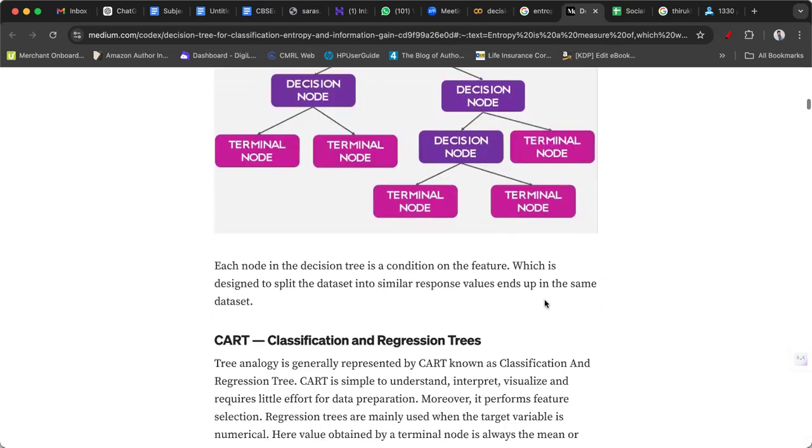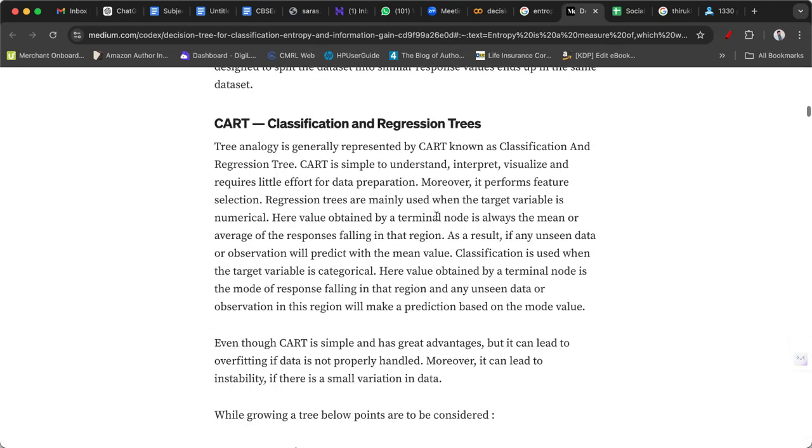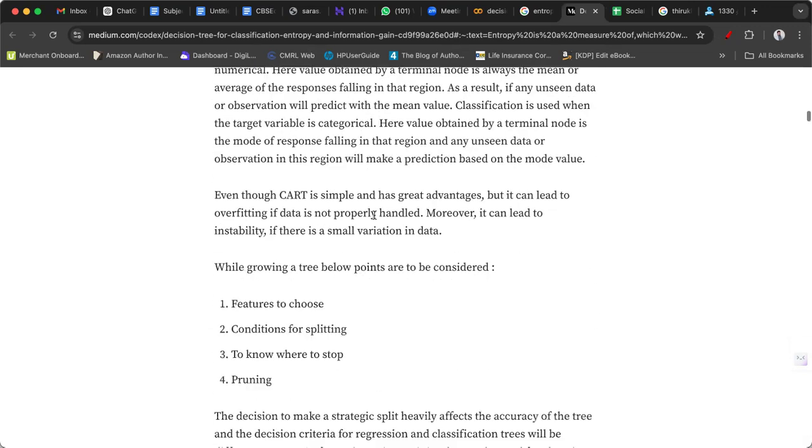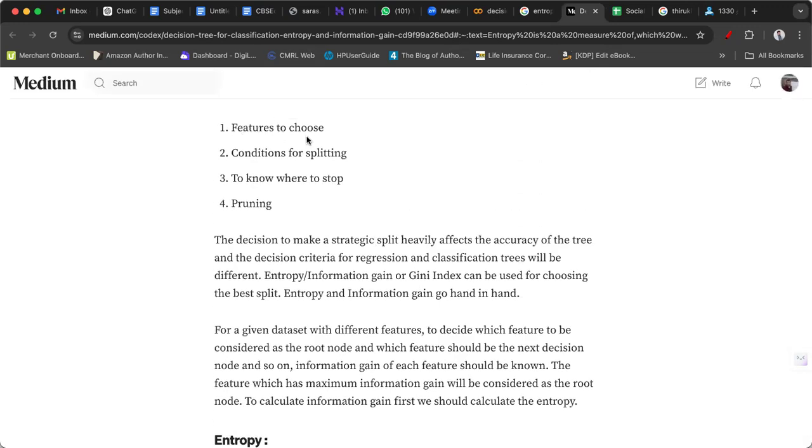Now we have to discuss the tree features: features to choose, conditions for splitting, knowing where to stop, and pruning. This is really important terminology in decision trees.